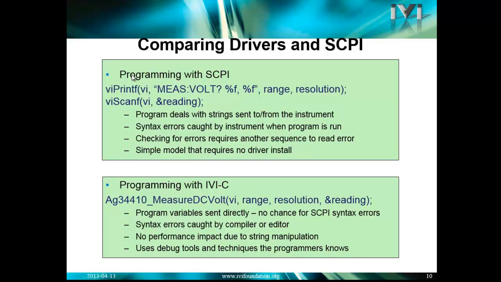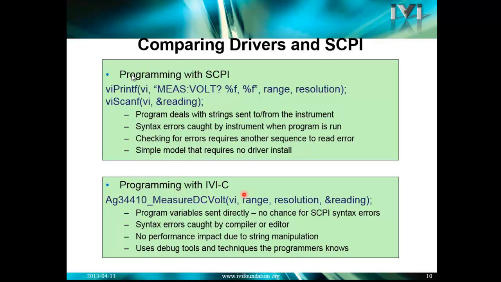Just to contrast with that, with a driver, the syntax I've used here is IVI-C, but we could talk about the same thing in C# or LabVIEW. It's a very similar customer experience, whichever language you use. But if we just look at this from C for a second, from an abstraction standpoint it really looks a whole lot like what we had before.